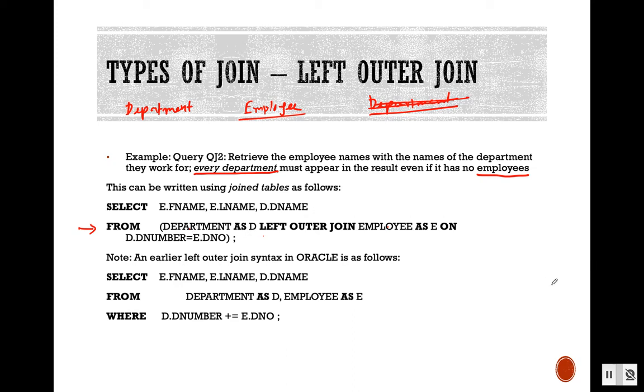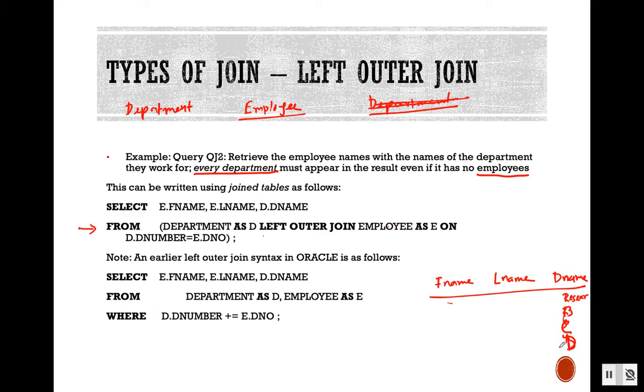Now how will the result look? As we are selecting F name, L name and D name, there will be F name, L name and D name columns. As we are saying every department will be there, we have 4 departments. D name is the department name, so let's just use some names: research, say B, C and D. I'm just using small department names.